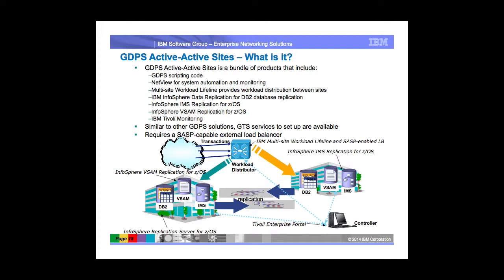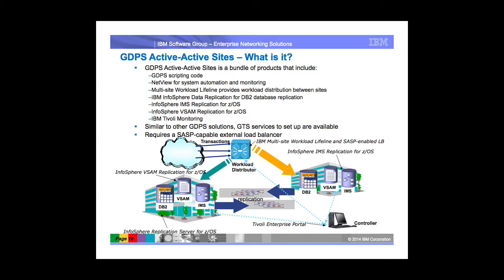And so for customers that are looking to make progress on an active-active solution, but the full GDPS solution is maybe a little too long or complex to get funding approval, you can start with a much smaller, much easier to swallow Lifeline-based strategy and then grow to a full GDPS solution over time.